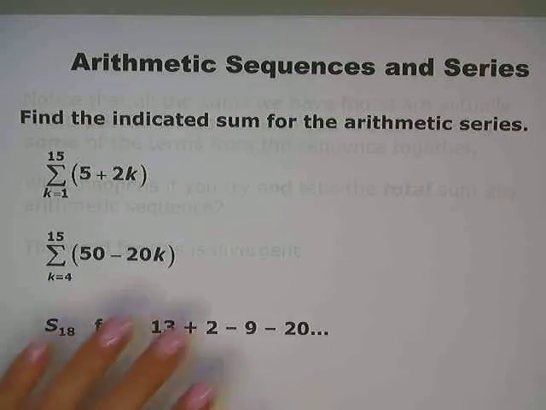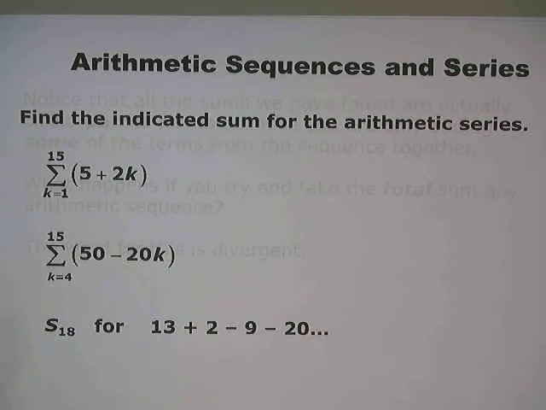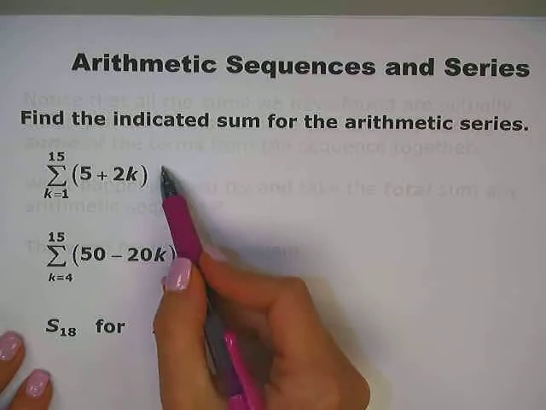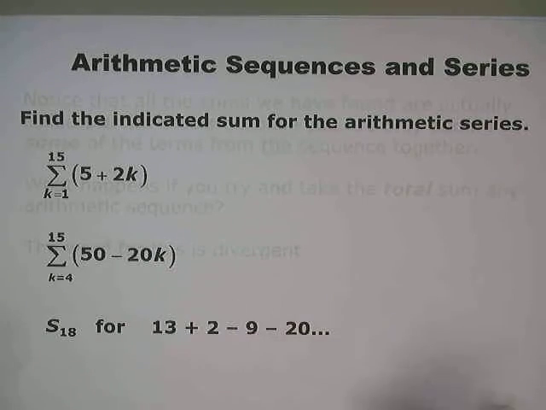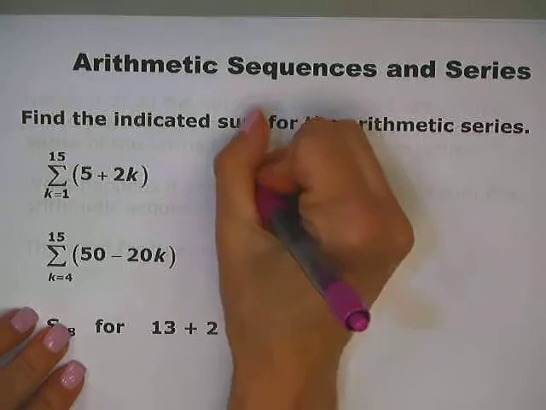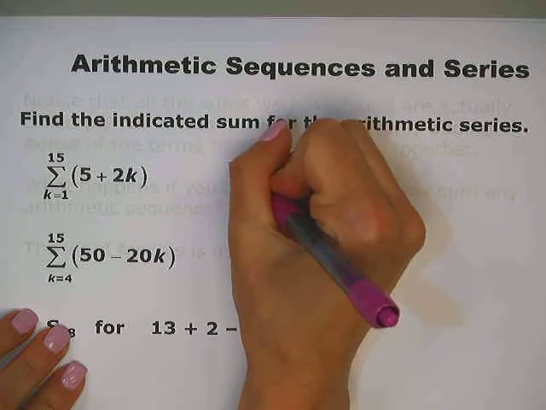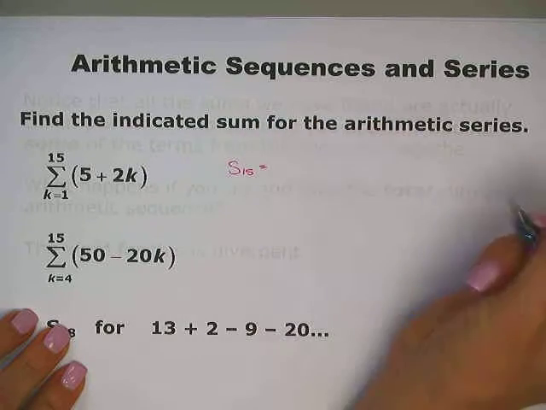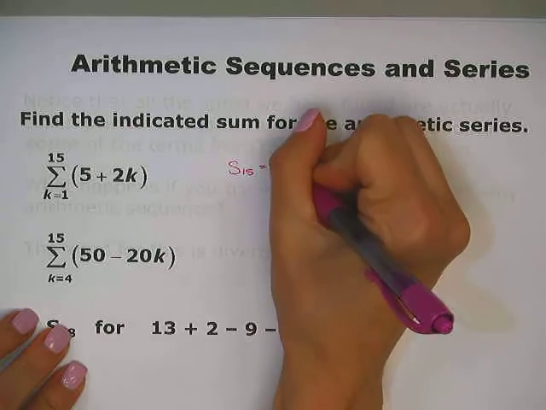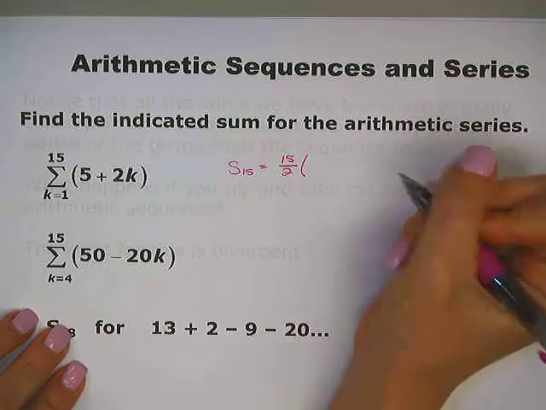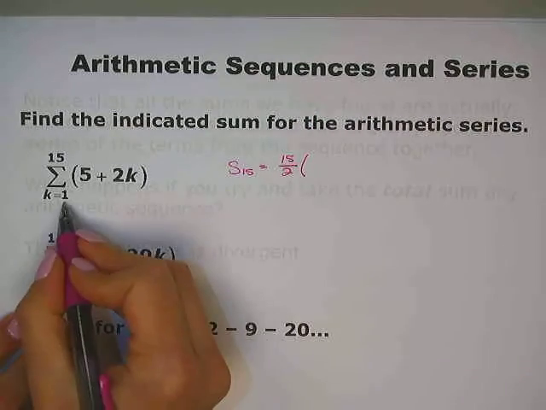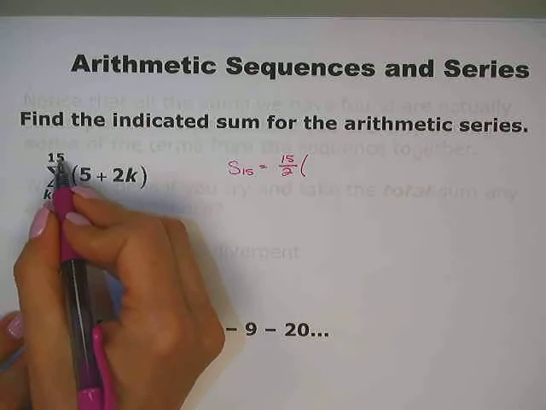So find the indicated sum for the arithmetic series. This is, again, just a matter of plugging into that formula I just showed you guys. So let's go ahead and practice that. I've got S of 15 terms equals 15 divided by 2 times, and then I need to find my first term and my 15th term.